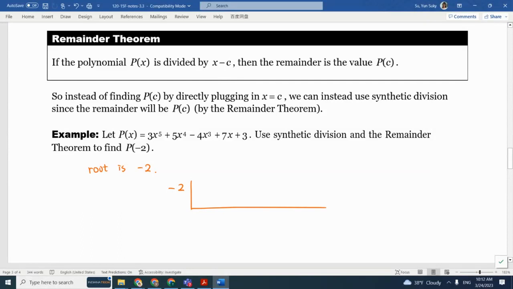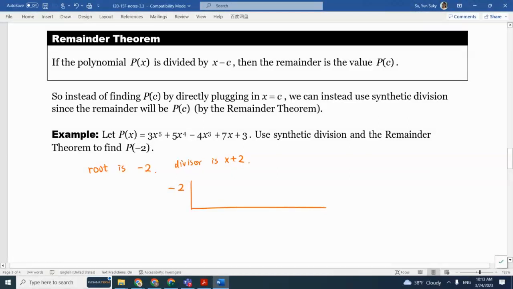Because the problem says find P of -2. The problem tells you P of -2, then -2 is the c. Then the divisor is x minus c. So in this case, the divisor is x plus 2.